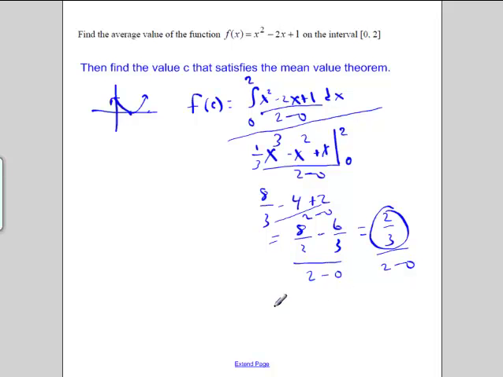So this ends up equaling 1/3. And so what that's saying is that there must be some value c such that f of c equals 1/3.